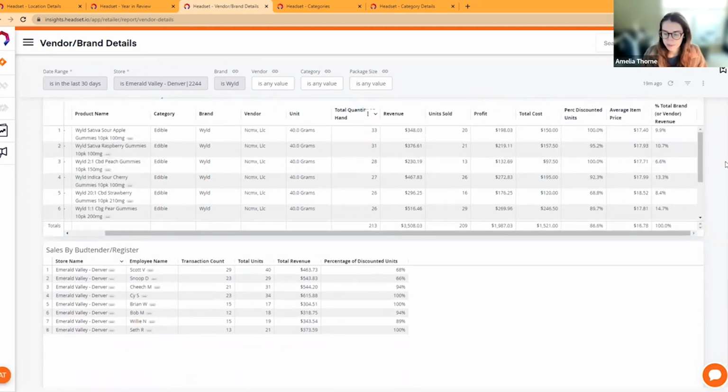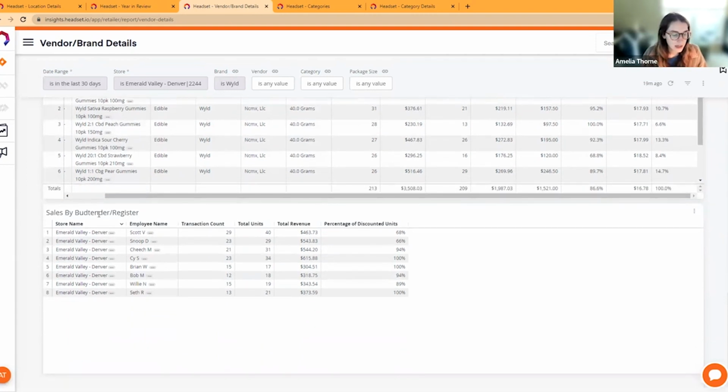And down here is sales by bartender and register. Again, if you have a brand day within your location, you can understand who's doing the most transaction counts for those brands. Maybe some people need a little bit of assistance. They need help selling this particular brand. Maybe they need education.